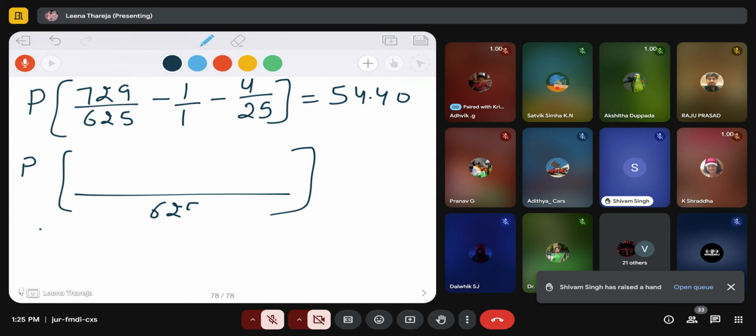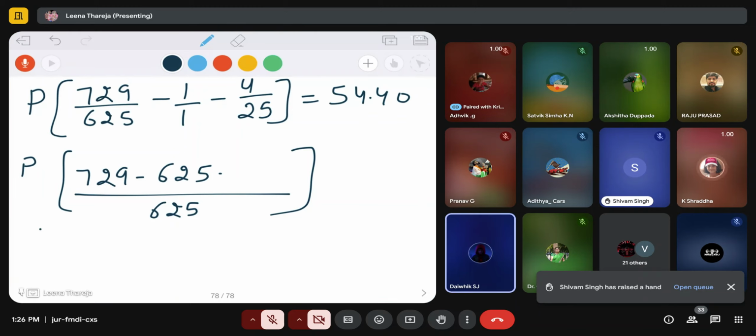So 729 as it is, it should multiply by 625 minus, then again 25 should multiply by what to get 625? 25. Minus 100, 25 into 4 will become 100.